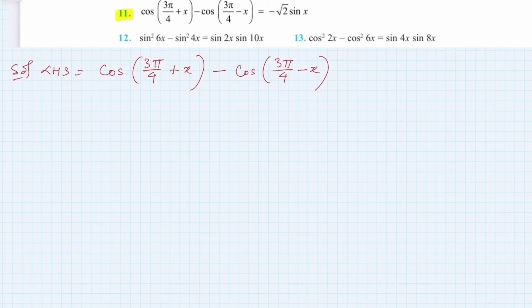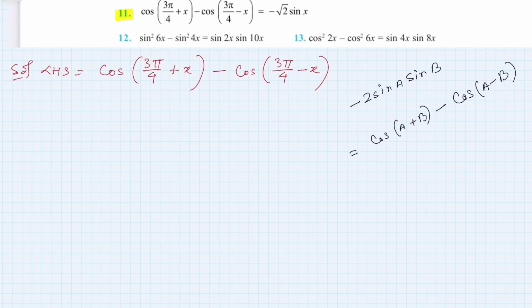So here we are going to apply this identity: minus 2 sine a sine b is equal to cos of a plus b minus cos of a minus b.